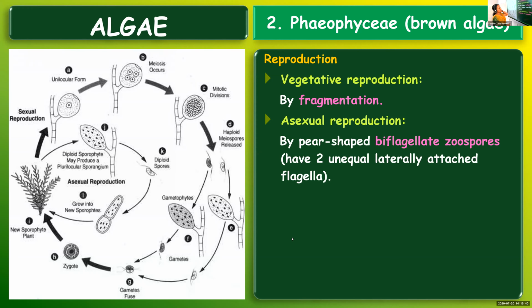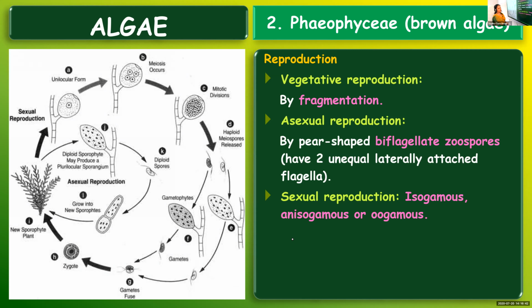Now moving on to the next method, sexual reproduction. Sexual reproduction takes place by three means. Which are the three means? Isogamous, anisogamous, and oogamous. That also we know. What are these three types? In isogamous, the fusing gametes will be similar in size.